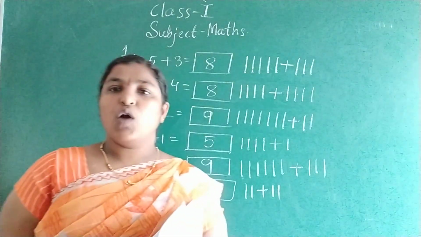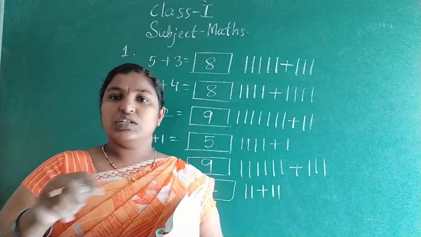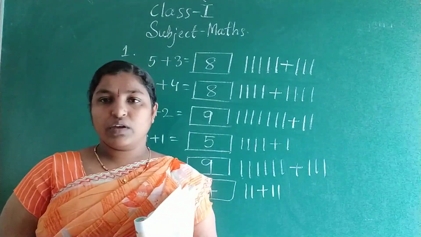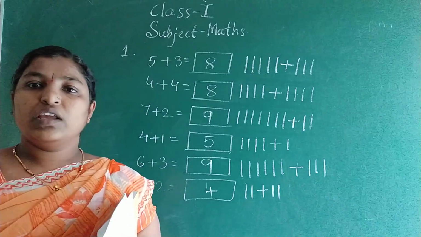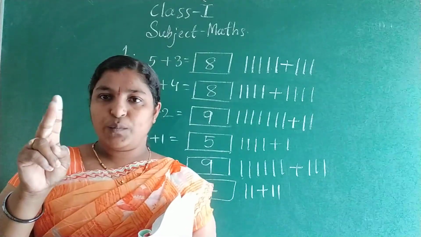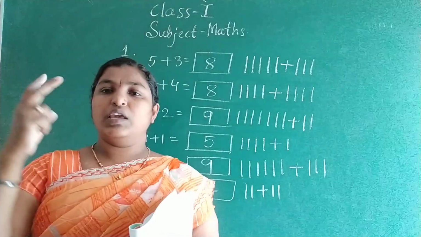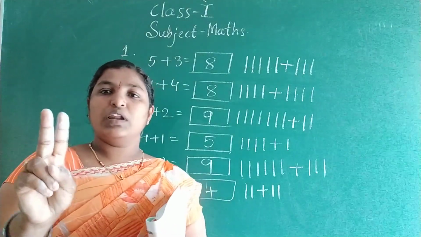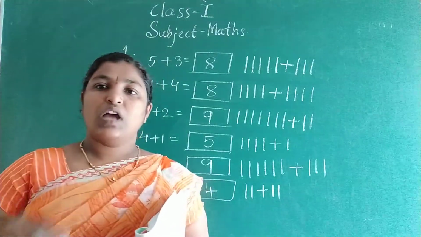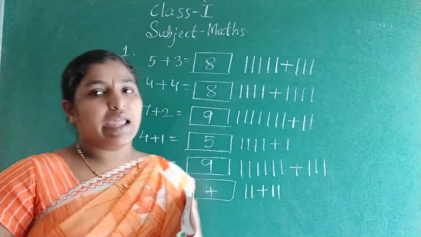This is how to do the additions horizontally. Okay, understood? I have shown you two tricks. One is keeping the big number in mind, keeping the small number in your hand and adding both. Another one is putting the lines.